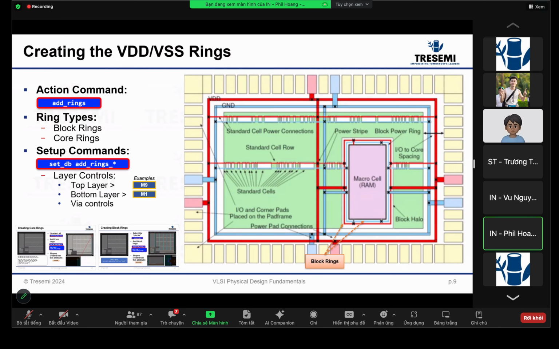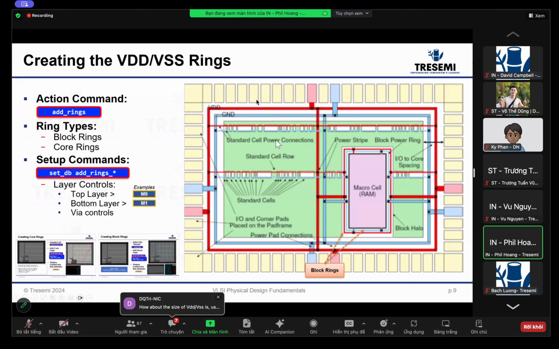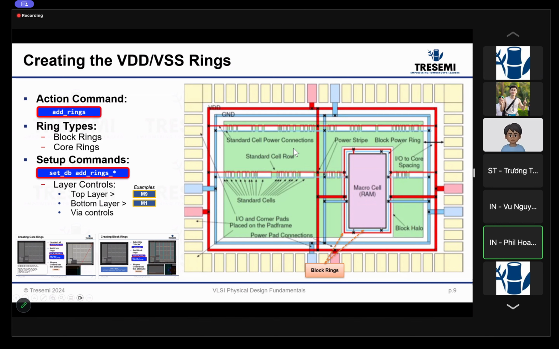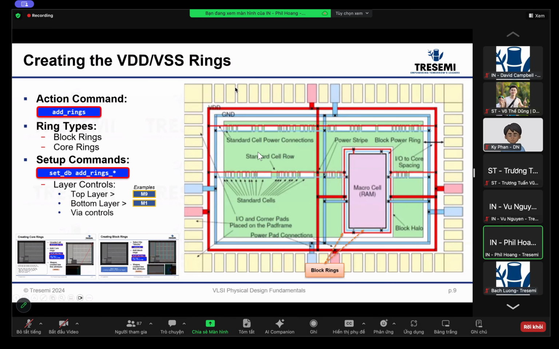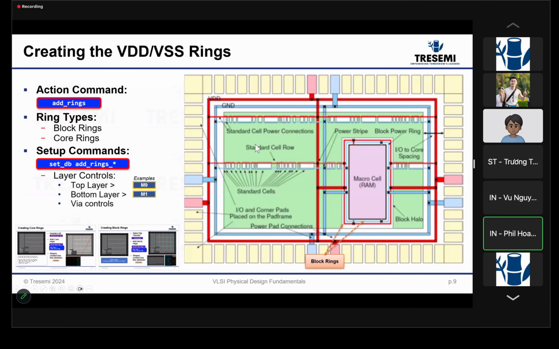You want to use the higher layers first for low RC, and then you step down because metal 1 or metal 2 is used in standard cells. Eventually you have to go all the way down to metal 1 or metal 2 to feed the standard cell with power. So you step through multiple grids before you go down, and the lower grid will be in the lower levels.